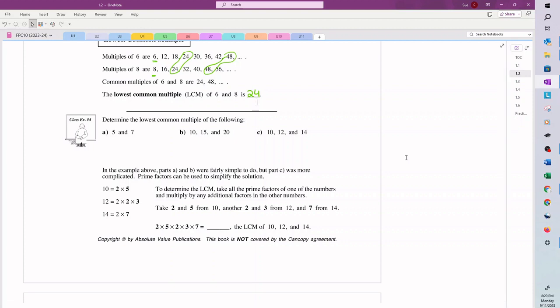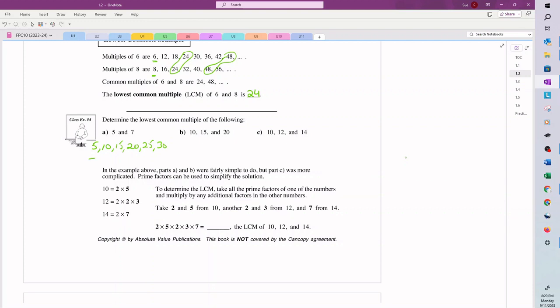The lowest common multiple, you can do these ones by, well, the old way you would do it is write out the multiples of these, I guess. So the multiples of 5 are 5, 10, 15, 20, 25, 30.